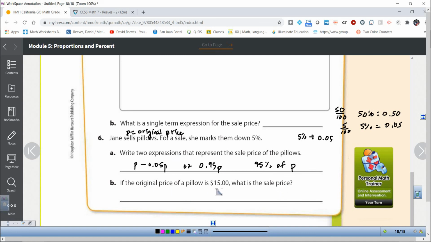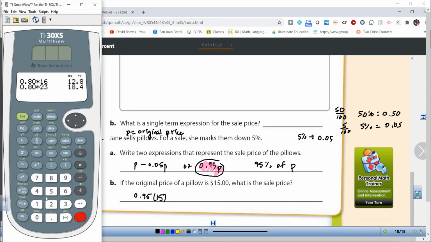All right, if the original price is 15, what is the sale price? So I'm going to take 0.95. That's this one right here. I always use that single one because it just involves one operation. And instead of P, which can be anything, right, I'm going to put in 15. And yes, I'm going to use my handy dandy calculator.